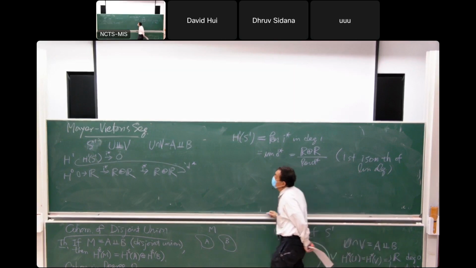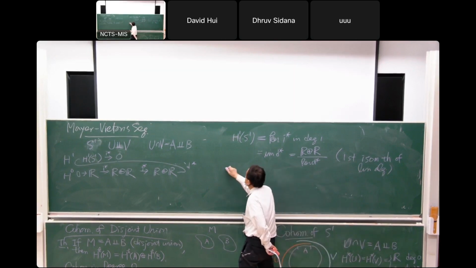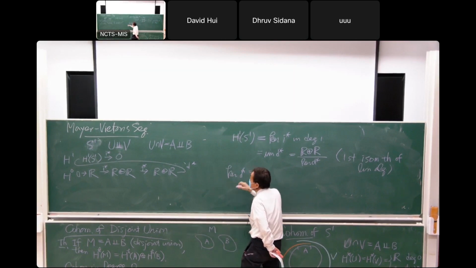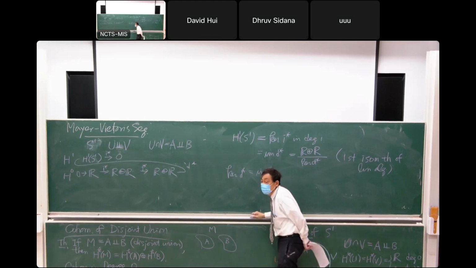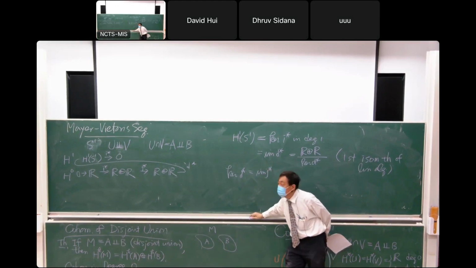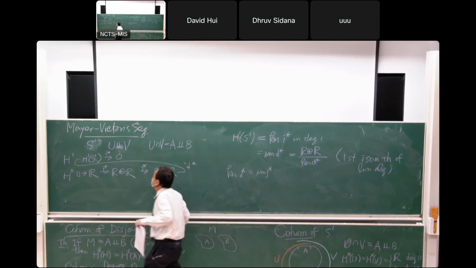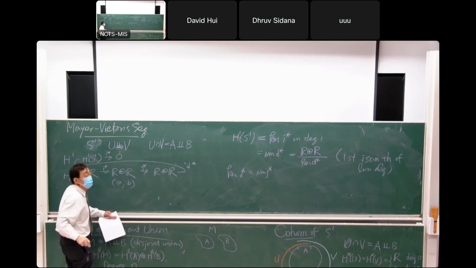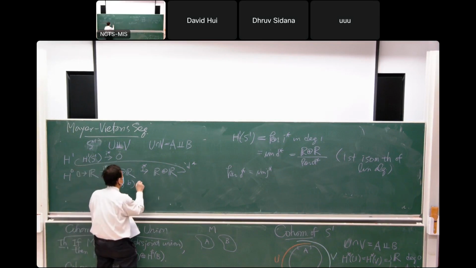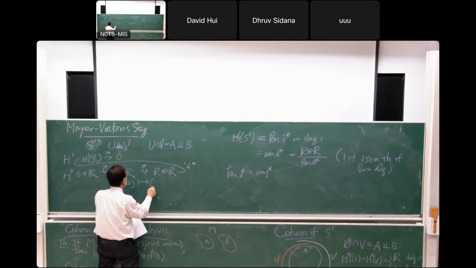And what is the kernel of d star? By exactness, it is the image of j star. Okay, that's why you have to know what the maps are, okay? So this is represented by two real numbers, a and b, and j star is the difference, right?